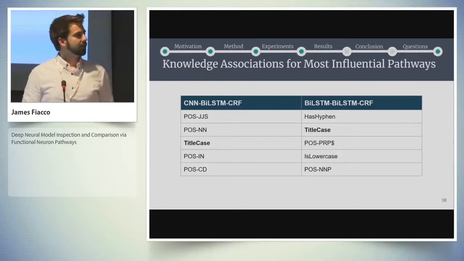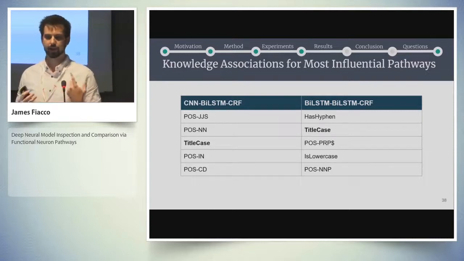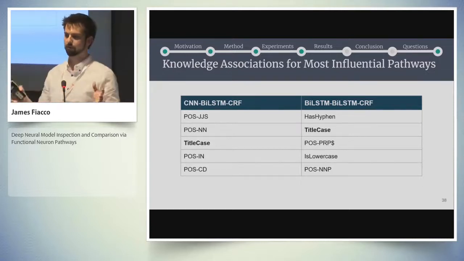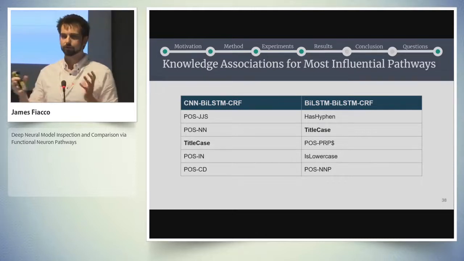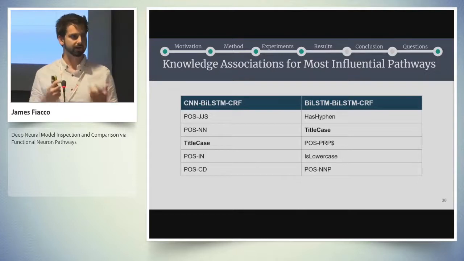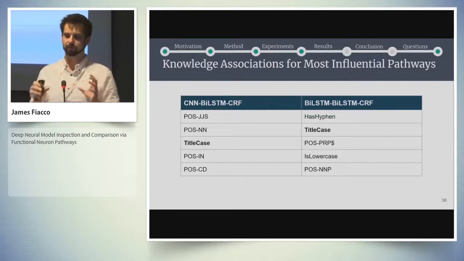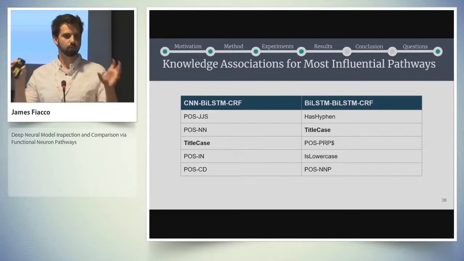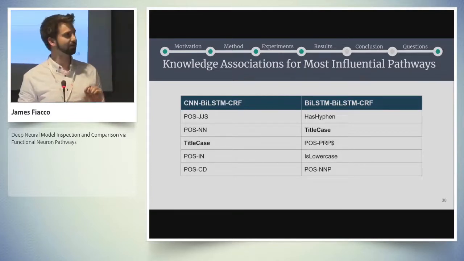What that means is that there's some pathway in the model, some group of neurons, that is most associated with the title case of some word. And in both models, how the model is dealing with this pathway is influential in the differences of the predictions between the two models.